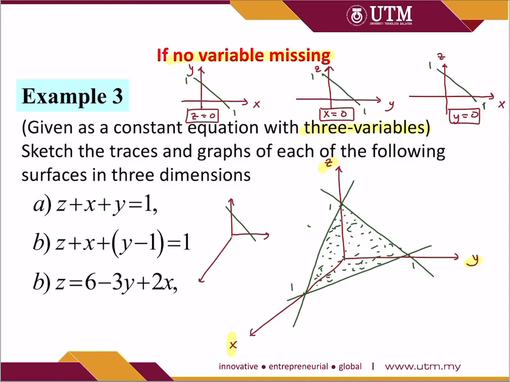Let's say it will be here, and here it intersects, but here it does not intersect. So in this case it is wrong. The traces must intersect each other. So this one is wrong.